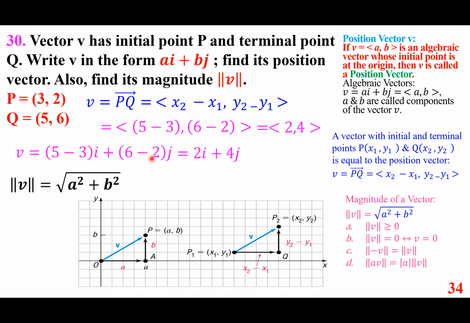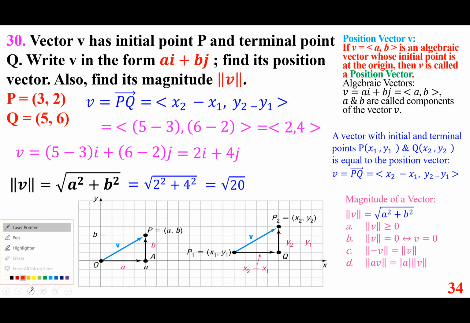That means 2 squared plus 4 squared, 4 and 16 is 20. Square root of 20, that means square root of 4, which is 2 square root of 5.